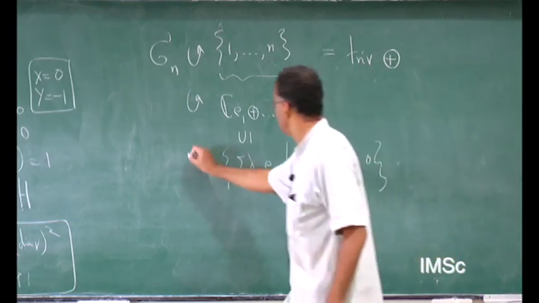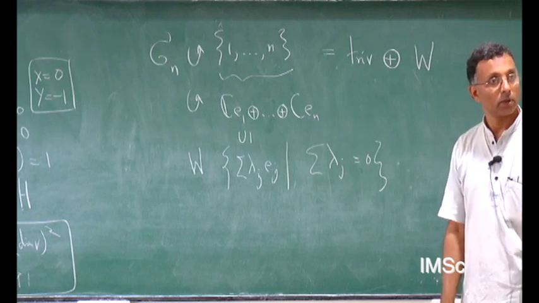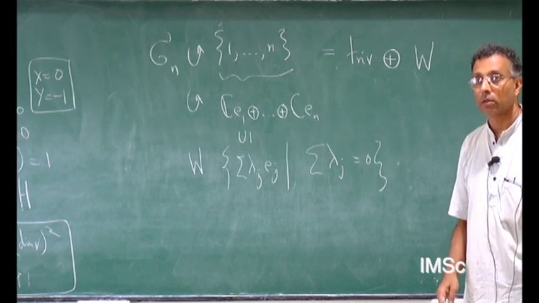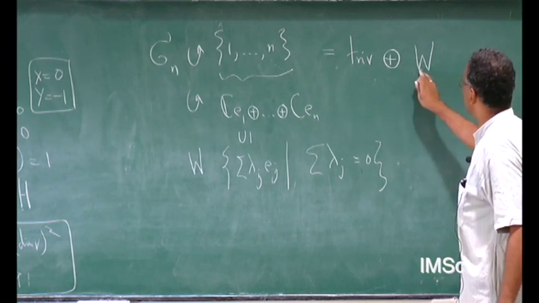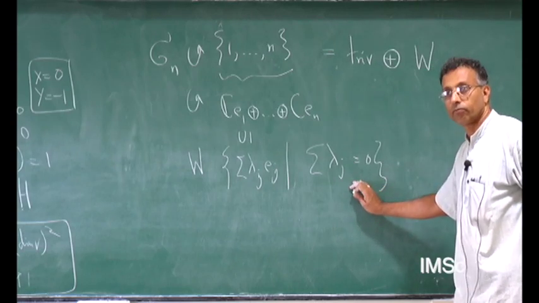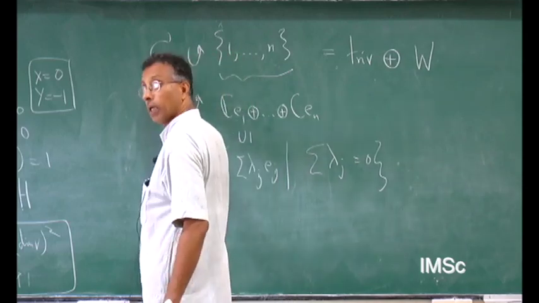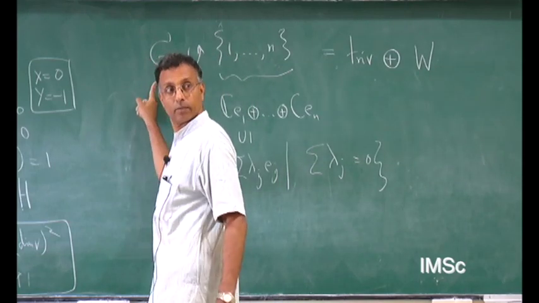So let's call this W. Why? Because you know that modulo W it is trivial. And it is easy to compute the character of this, right?